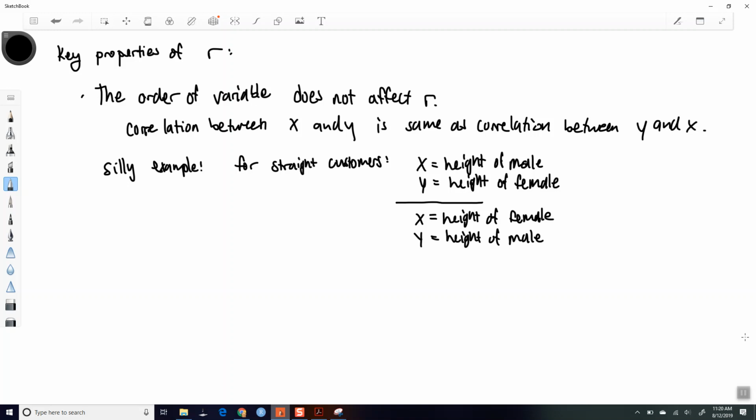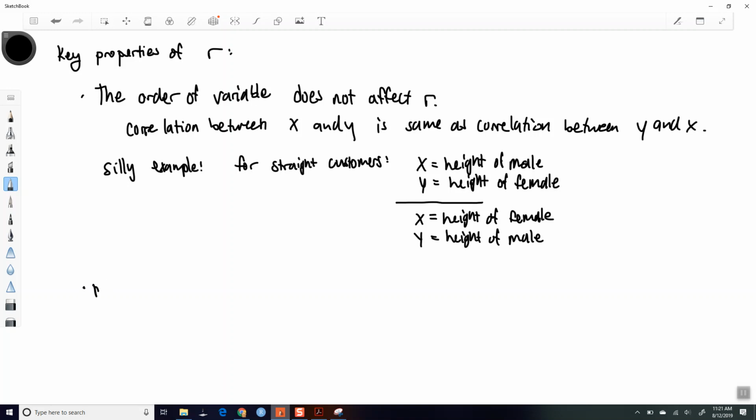And similarly, the data also shows that if the male height is lower than average, in general, the height of the female will also be lower than average. And so there is a relationship that appears in the data here regarding the height of customers on an online dating website. Okay. But the order of variables does not affect R there, okay?